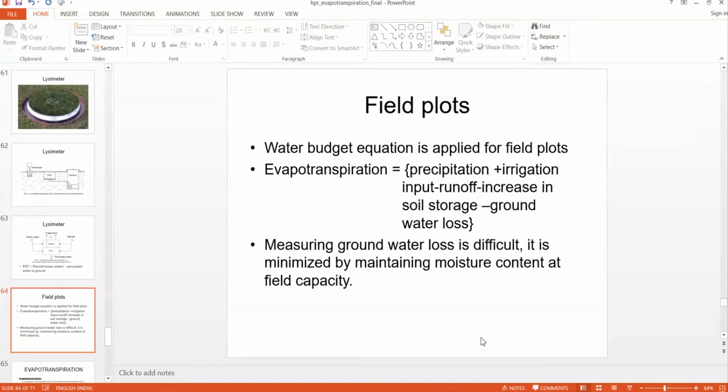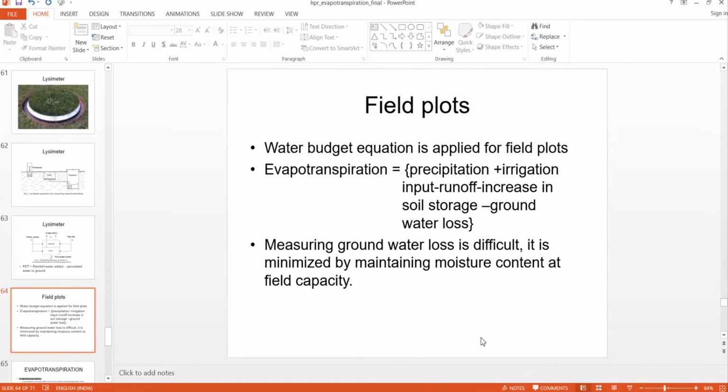Estimating evapotranspiration is very important in irrigation planning, because every crop needs water for its own photosynthesis as well as transpiration, and each plant has different evapotranspiration values.